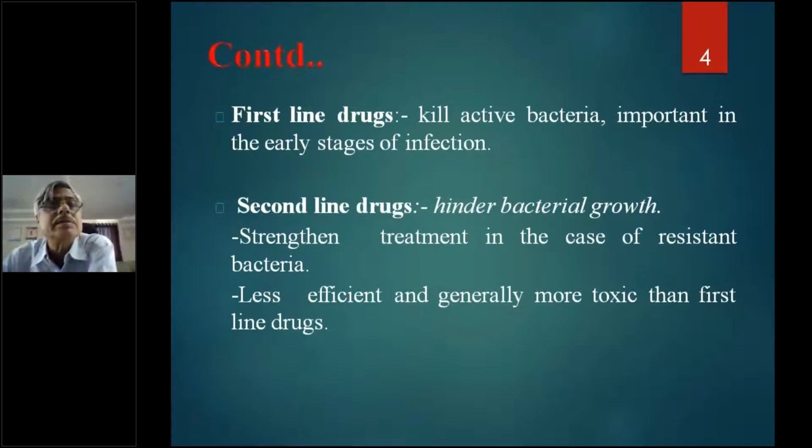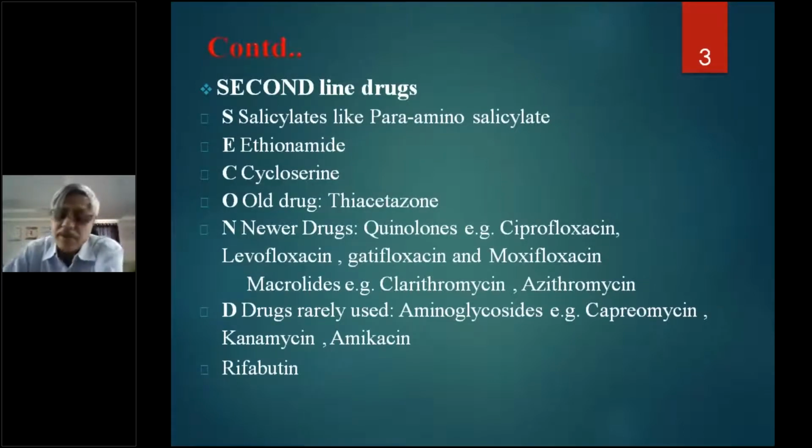Actually, the first line drugs, which was the first that was invented, started in the year 1944. In 1882, the tuberculosis bacillus was discovered by Robert Koch. In 1890, the tuberculin test was done.